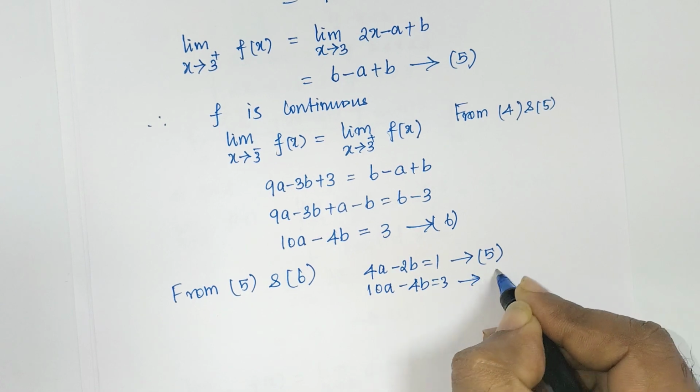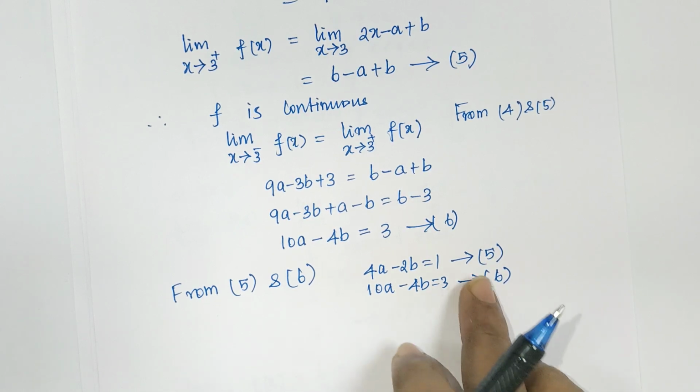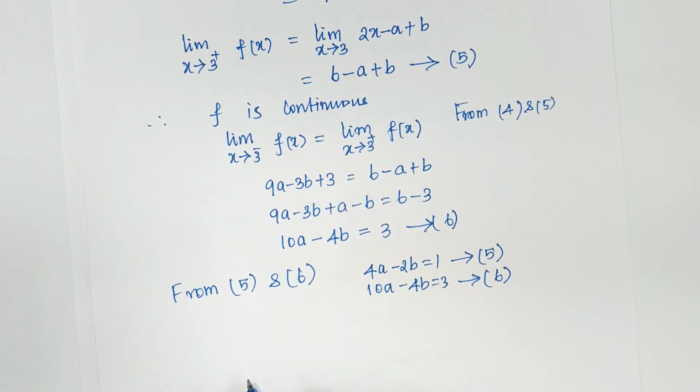When solving these two equations, we'll get the values of a and b. It's very simple: here you have two variables and a system of two equations. Eliminate any one and you will get the other; substitute that into either equation and you will get the remaining value.